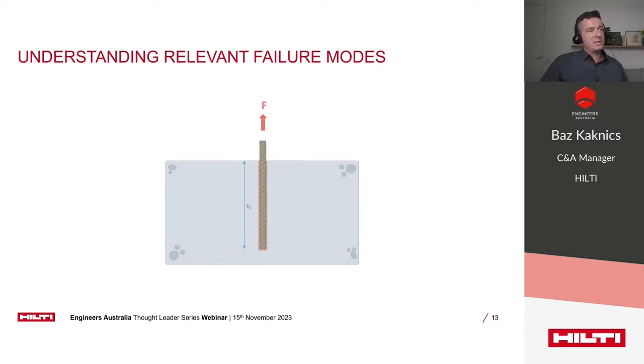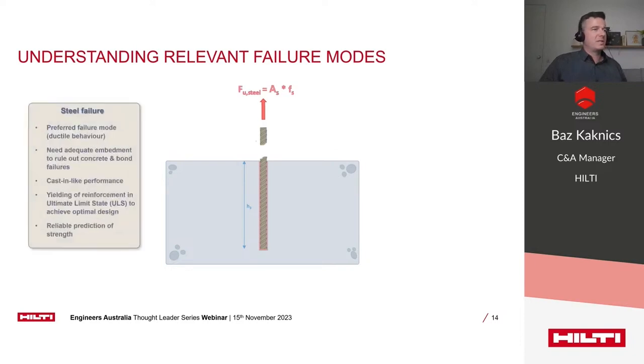And finally, the last failure mode I will look into today is basically the ideal outcome for most designs, which is the full development of the reinforcing bar, in other words, being able to reach full yield or steel failure. It is probably not necessary to explain the mechanisms of this failure mode.